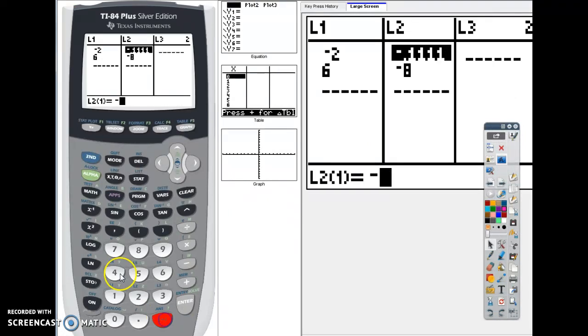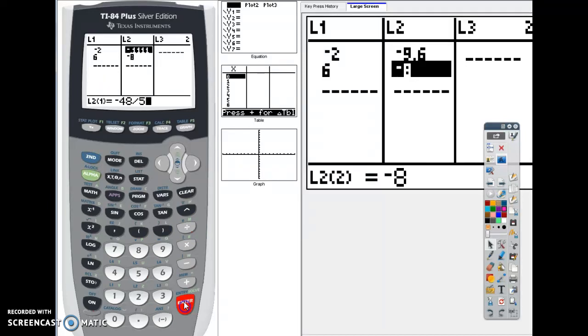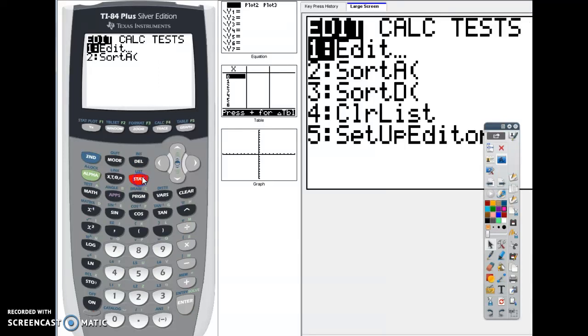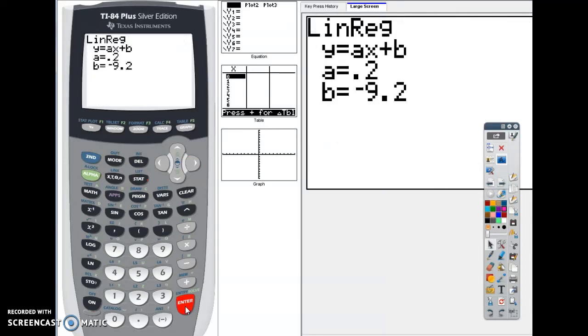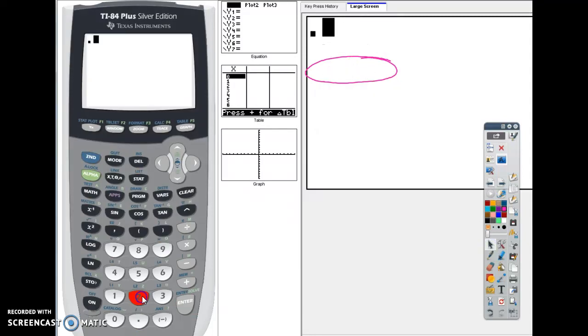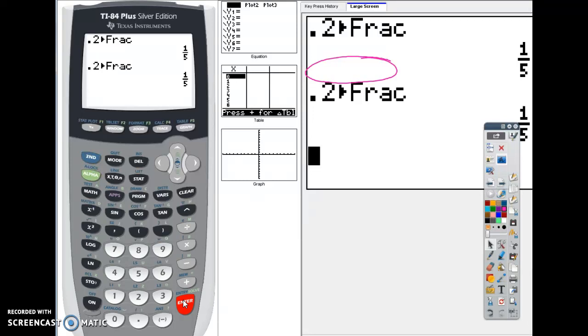So put -48 divided by 5, enter. That gives you -9.6. Do Stat Calc 4, enter. Did it give me what I wanted? Yes, because 0.2, math, enter, enter, is 1/5.